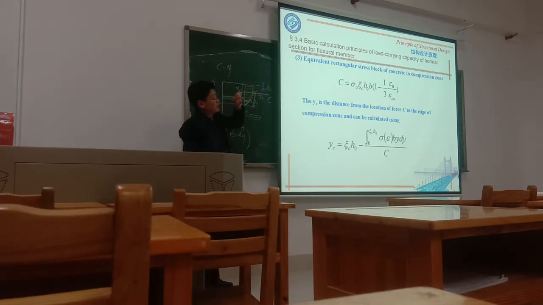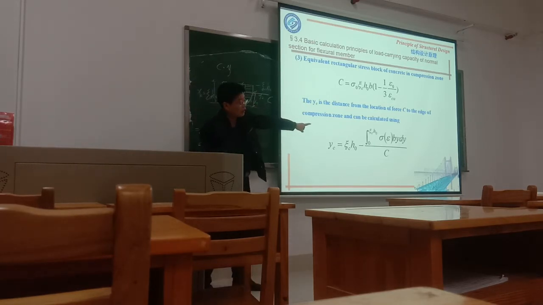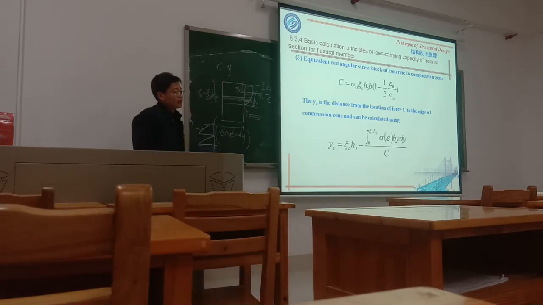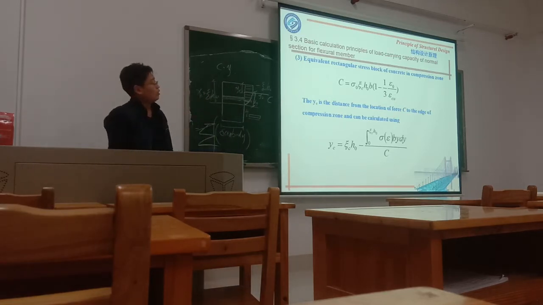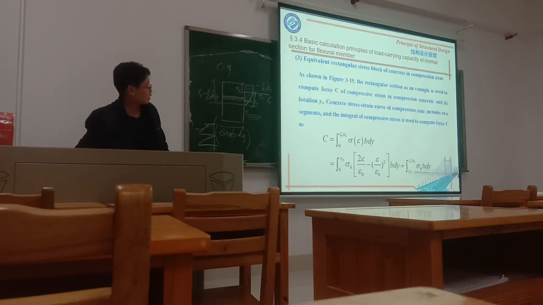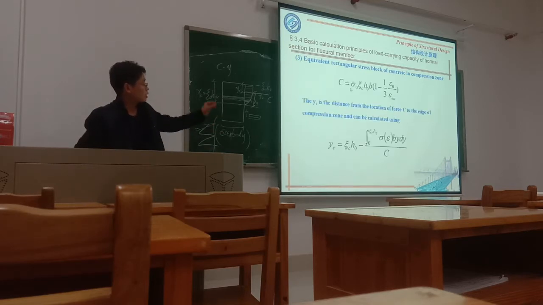It's actually like an area movement, or just a movement, because if there's no y, the result is actually the force. Force multiplied by the arm is the movement. The result is the movement.